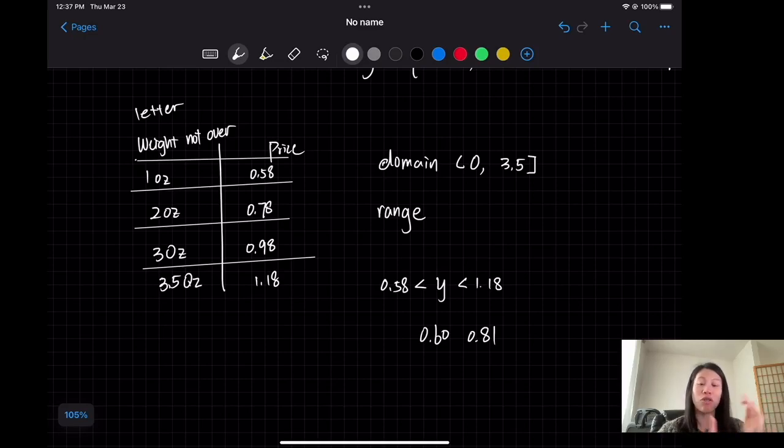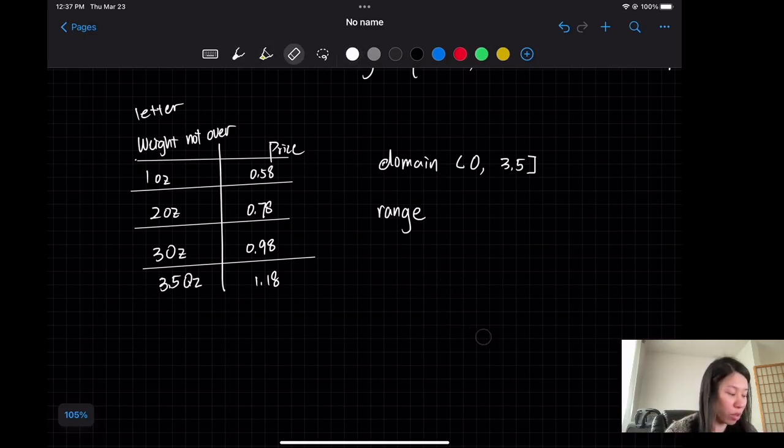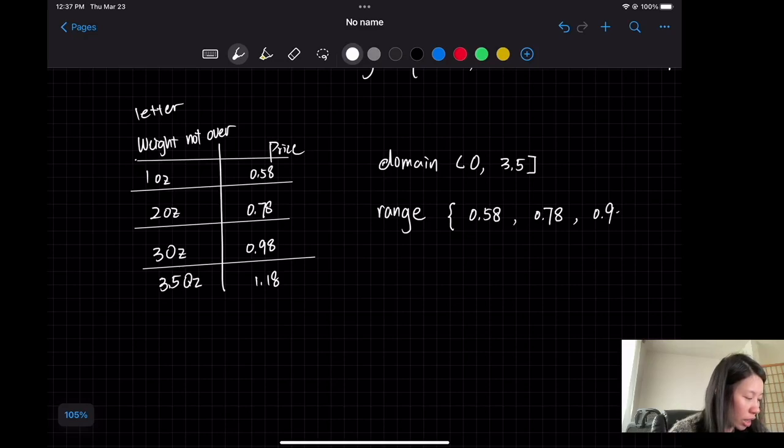They only charge you either 58 cents, 78 cents, 98 cents, or $1.18. So the range only has 4 possible outcomes, which are 58 cents, 78 cents, 98 cents, $1.18. So here's the range.